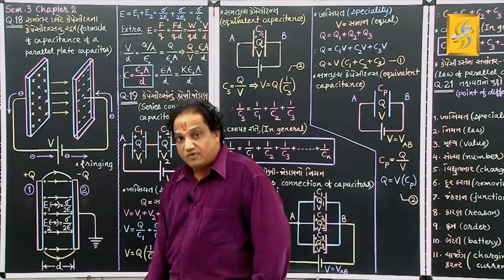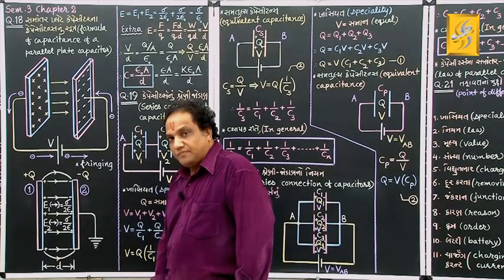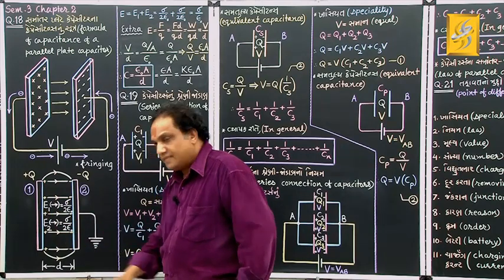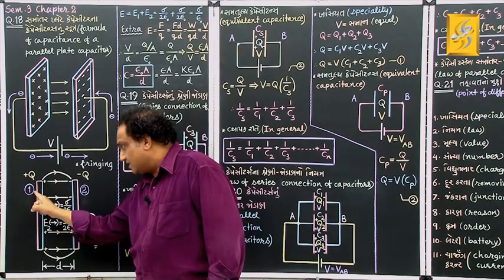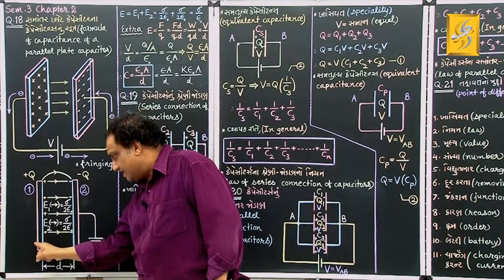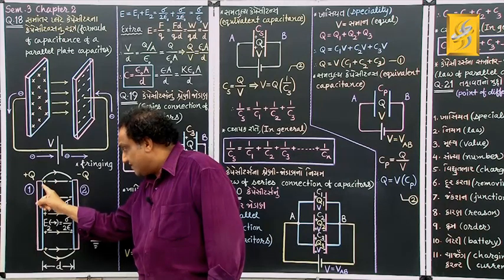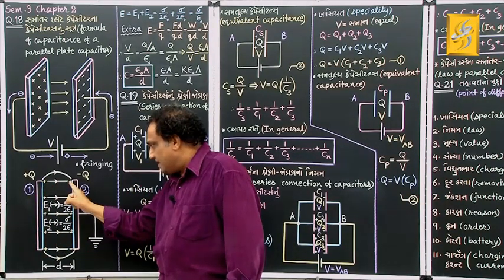Okay? So what will happen, I am showing you. The electrons will repel electrons from this face, and so those electrons will be neutralizing this positive charge here. So this face now does not have any charge. Charge is there only on this face, and whatever is the positive charge here, the same is the negative charge here.